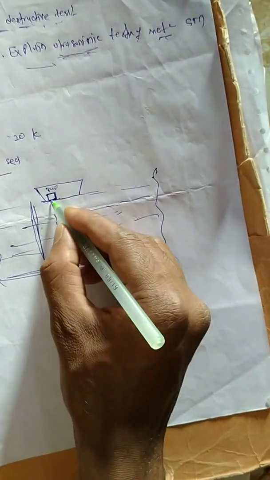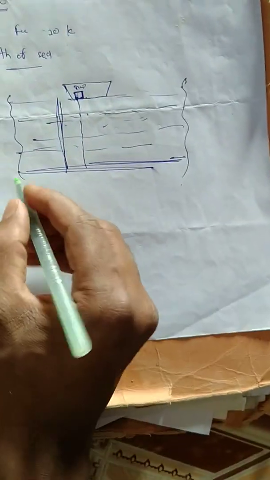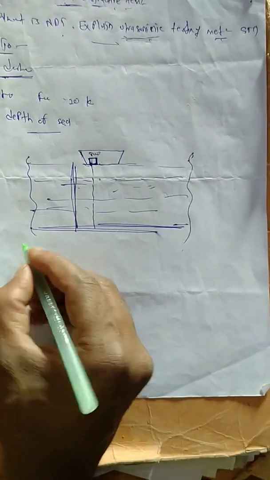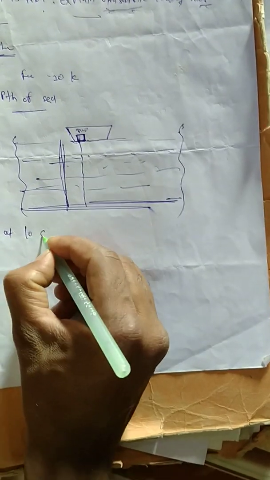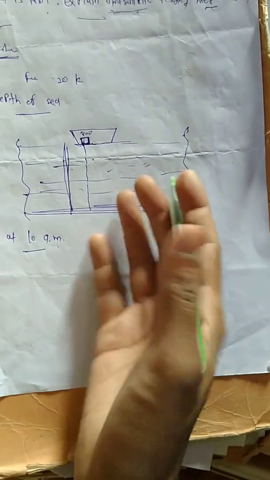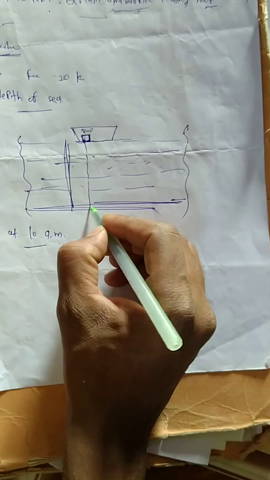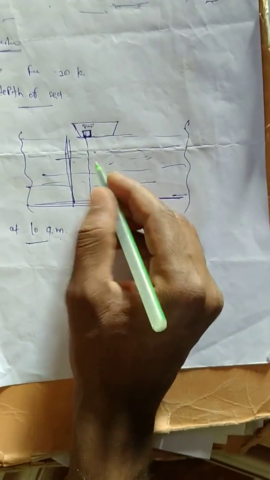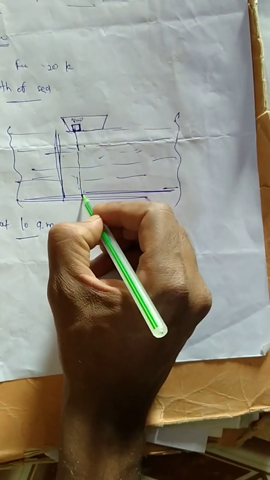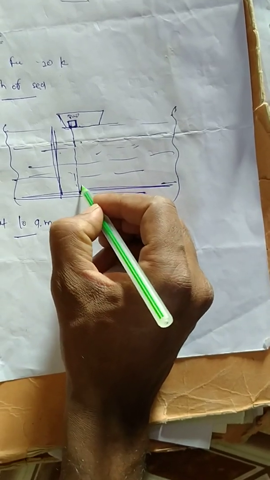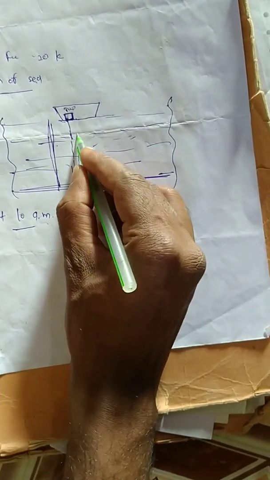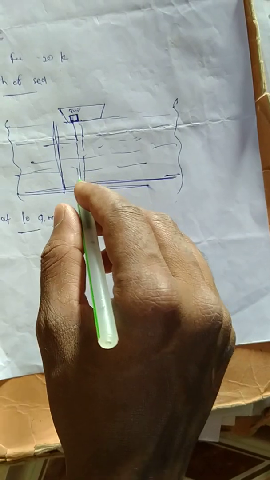Note down the time. For example, at 10 a.m. we sent a signal towards the depth of sea, and this signal is incident on the bottom and reflected back towards our transducer or our boat.